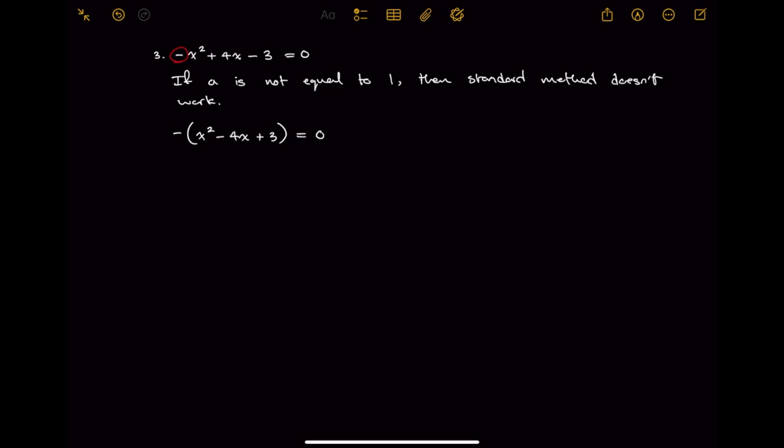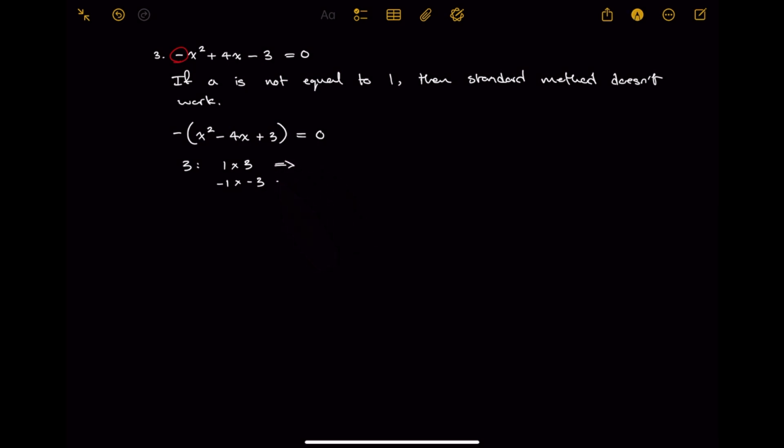And we're left with something that indeed does have an a value of 1. And so now we can start using our standard methods and find two numbers that multiply to 3 and add to negative 4. So let's list them out. We can have 1 times 3. And, well, it turns out we can only have one more case, which is negative 1 times negative 3.